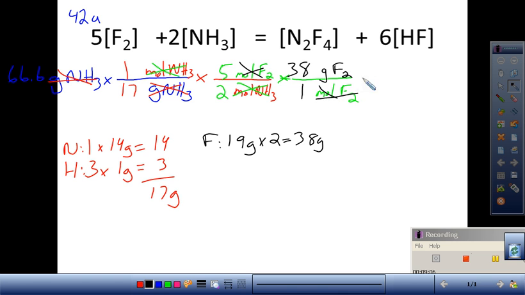Cross off my like units. I'm finished with grams of fluorine. The question says, what's the mass? What's the grams of fluorine? So I know I did it right, and I just have to do the math. Okay, so I'm going to take everything that's on the top. So I have 66.6 times 1 times 5 times 38.